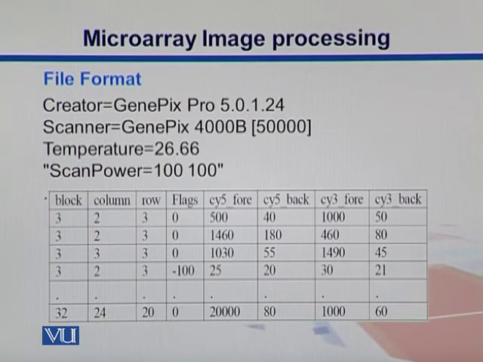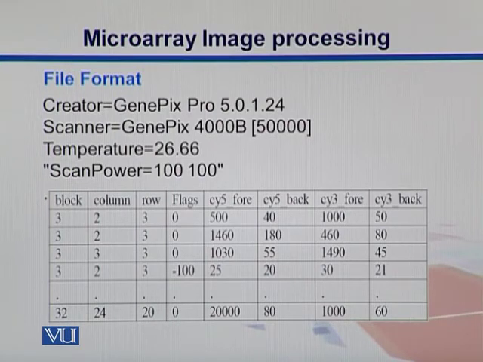So 500 out of 40 is comparatively better. If you look into Cy3, the foreground signal is 1000, whereas the background is 50. If you look into this bad feature, having the flag of -100, your foreground is 25, background is 20. Again, Cy3 foreground is 30 versus 21, so it's kind of a bad feature. The rest of them look fine, where all of the flags are 0.